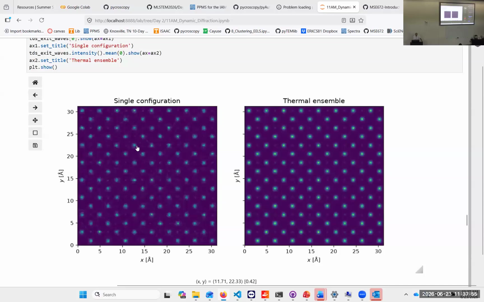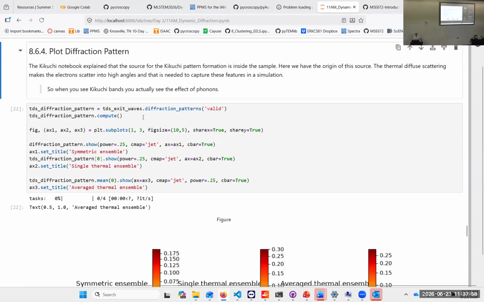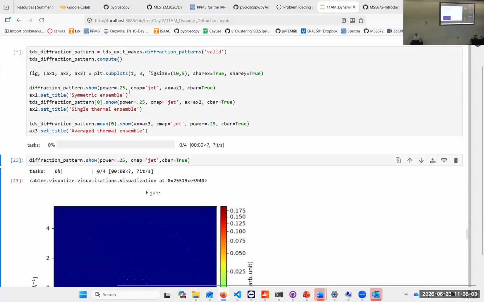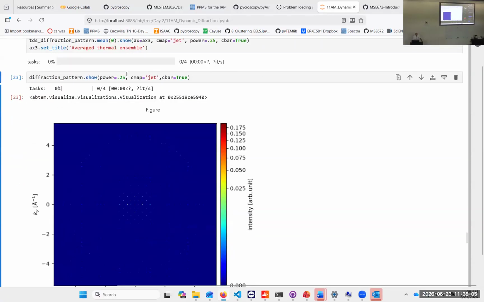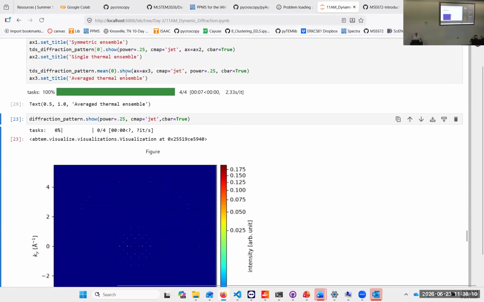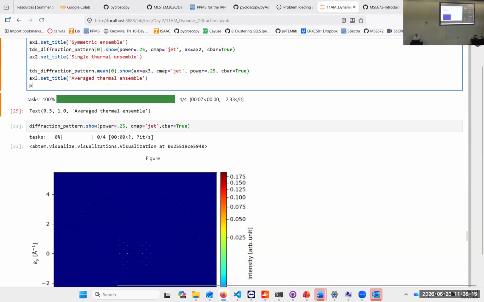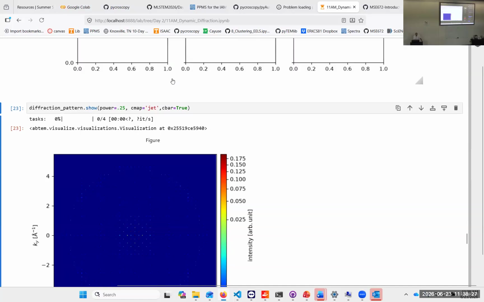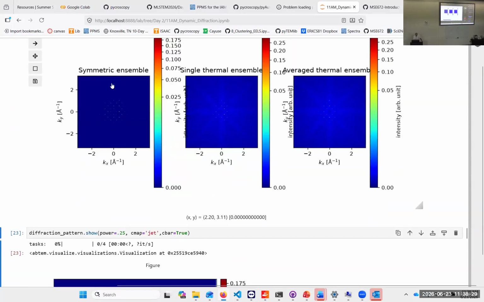So we have a very different configuration, and now we can plot our diffraction patterns. I have to put a lot of plot shows in here nowadays, so okay, here we are.